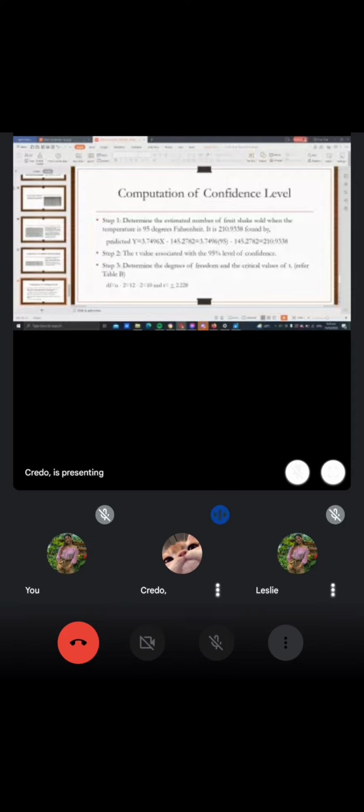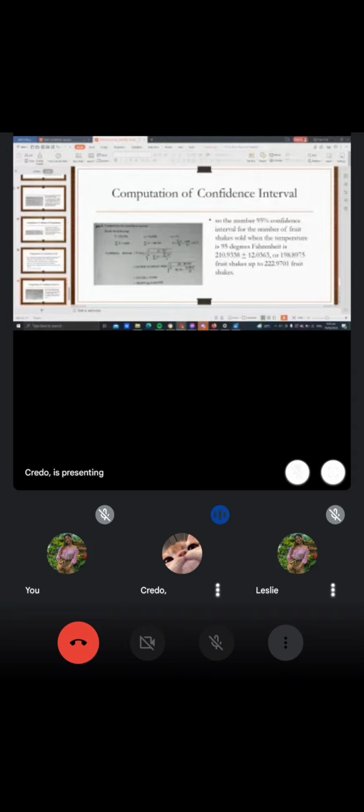Step 2 is to find the t-value associated with a 95% level of confidence. Step 3 is to determine the degrees of freedom and the critical values of t. Refer to table B. So df is equal to n minus 2, which is 12 minus 2, equal to 10, and t will equal positive or negative 2.228. So next is to compute the confidence interval.